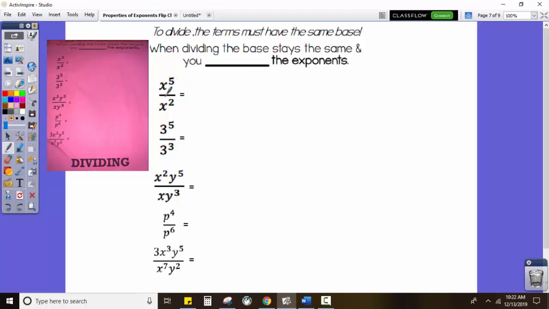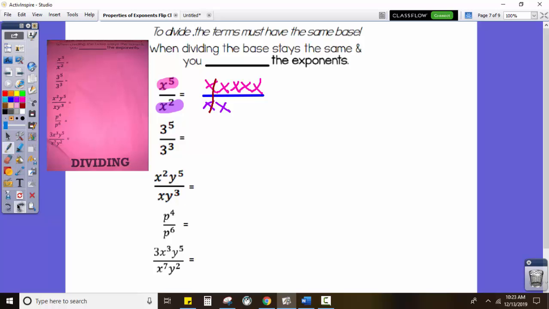First one, x to the 5th divided by x to the 2nd. First, x to the 5th, I'm going to write it out. That's x times x times x times x times x, and then divided by x to the 2nd, so that's x times x. Remember, when I have x divided by x, that's 1, so that's why I can draw a line through the two.